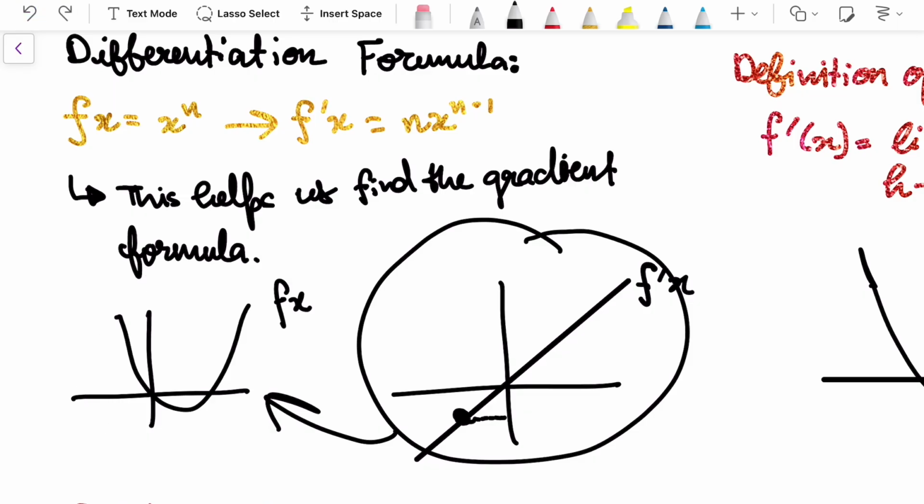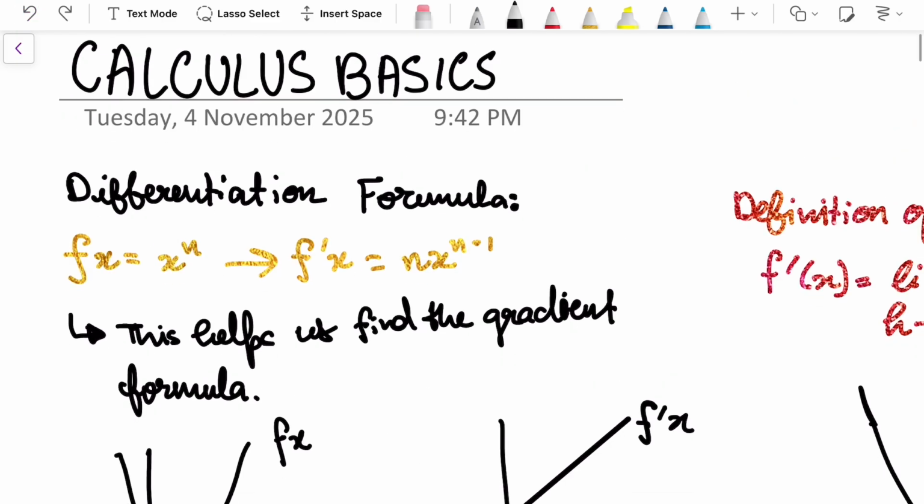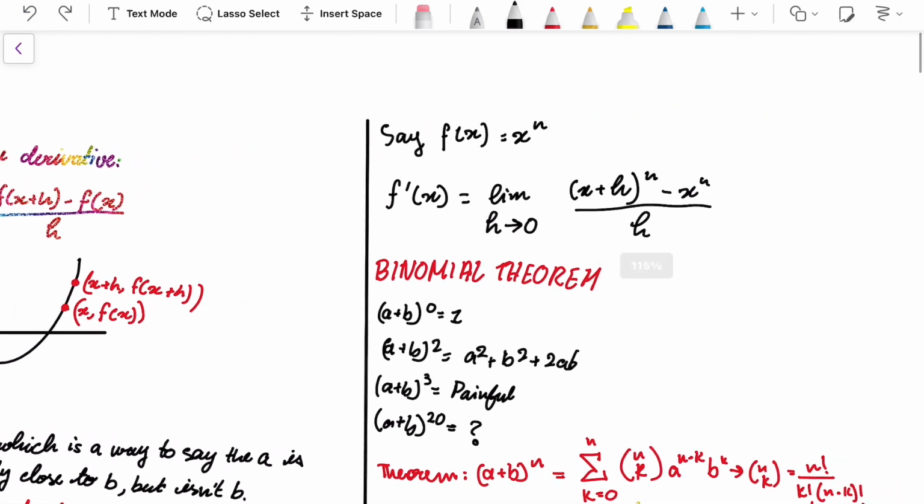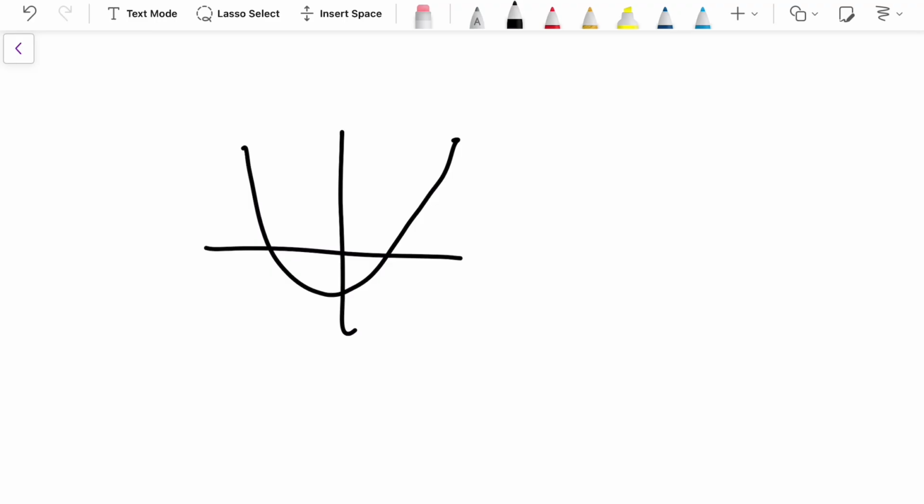Basically, what differentiation really is doing is, if I just clean it up a little bit, I'll go to the side and show you. So let's see, this is our curve, and we want to find the gradient, which is basically the slope of the curve. At any point, if we made a line touching exactly that point, this is called a tangent, by the way.